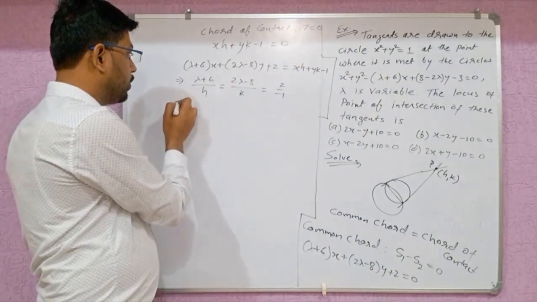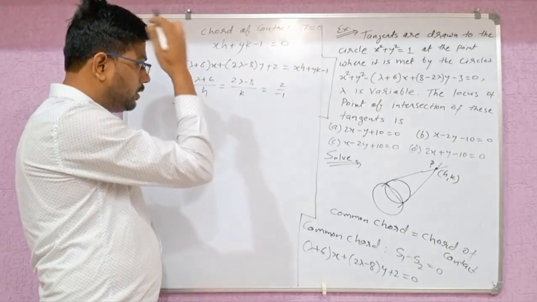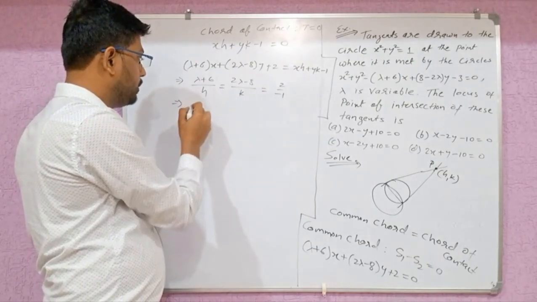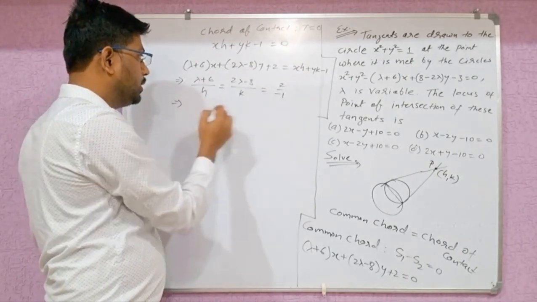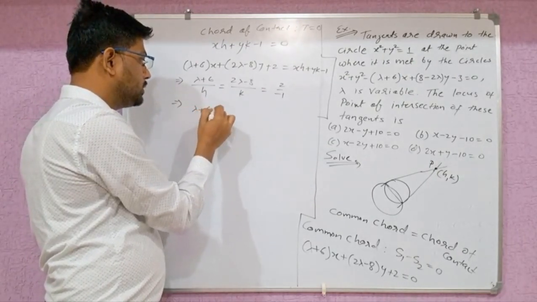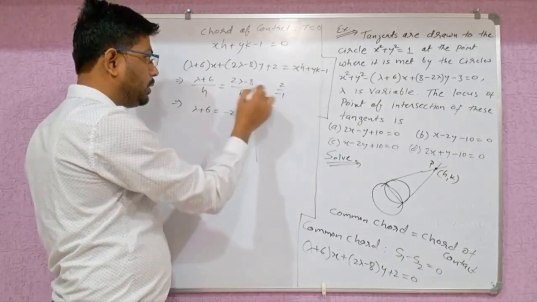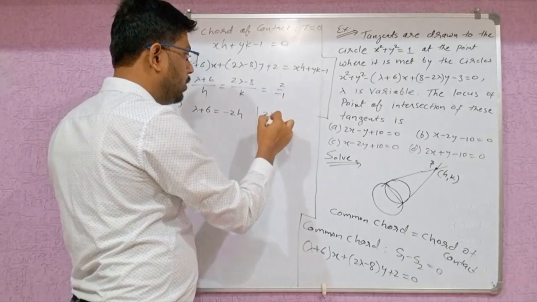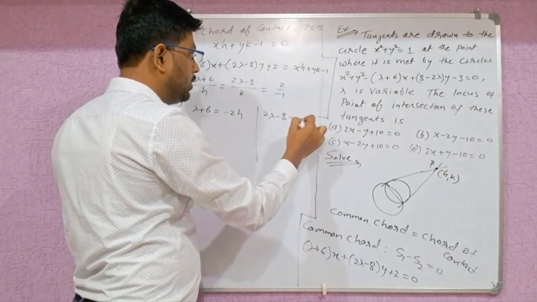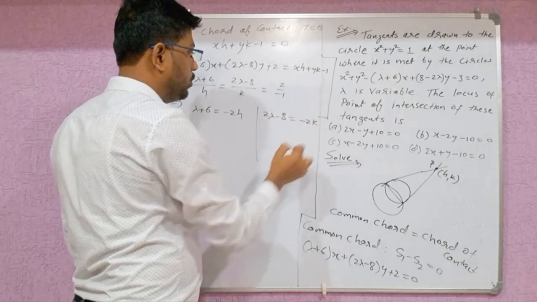Now I'll find lambda from both of these. By comparing these two, I'll get lambda plus 6 is equal to minus 2h. By comparing these two, I'll get 2 lambda minus 8 is equal to minus 2k.